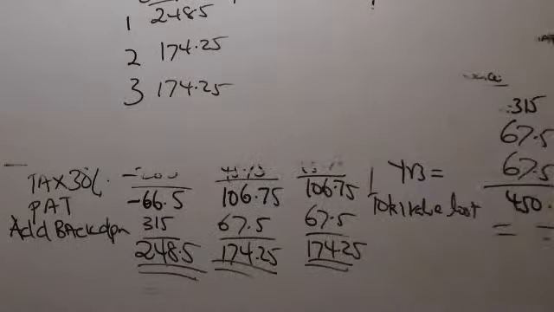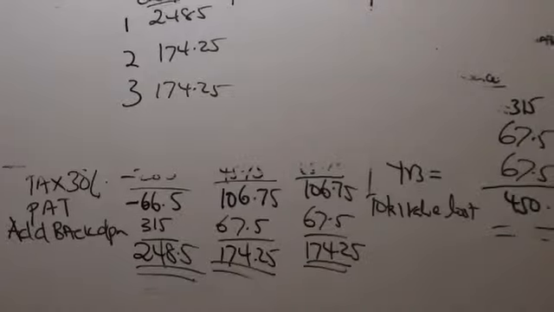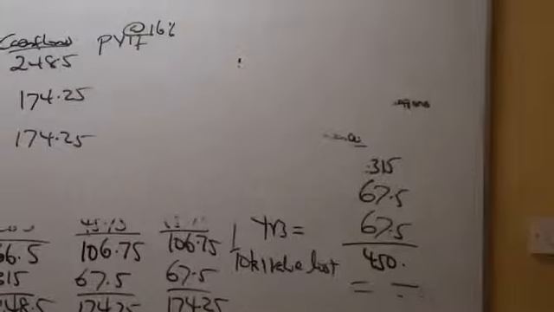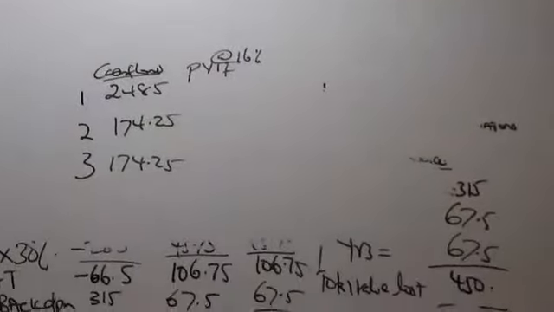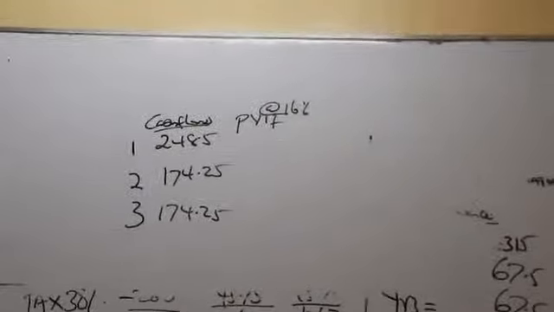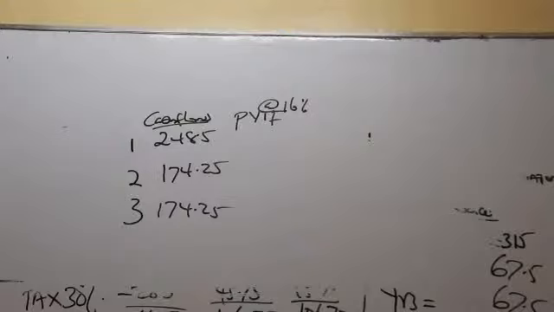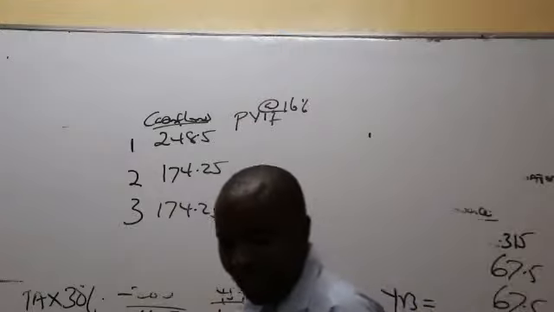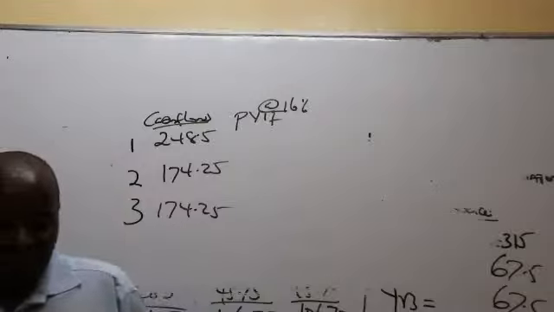Our KU is supposed to be 16%. So could you kindly give me these figures very fast? I know you know how to discount.